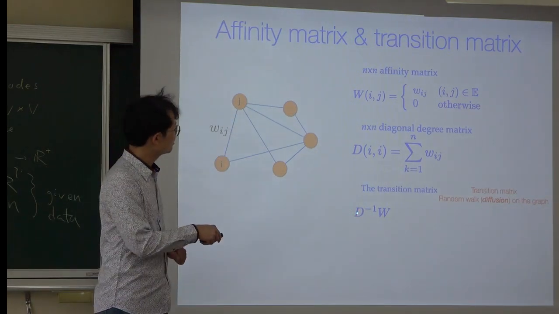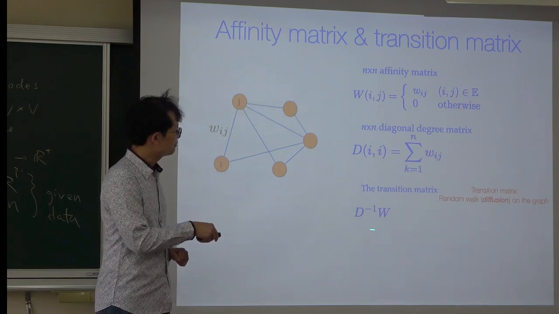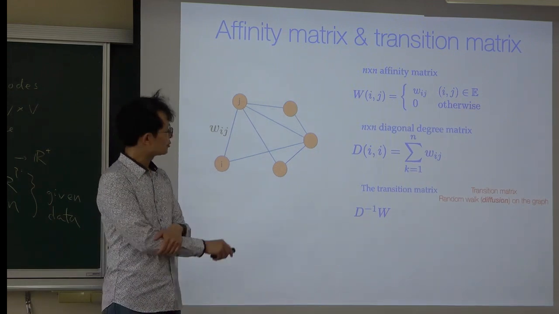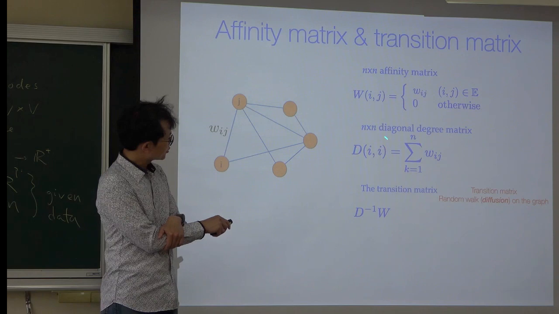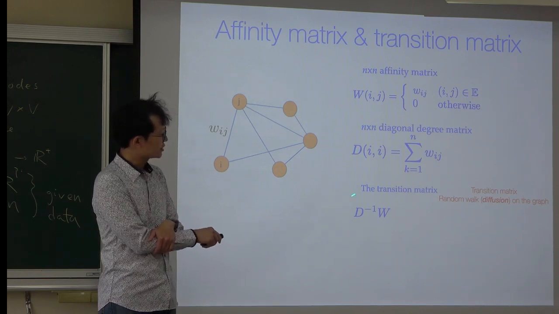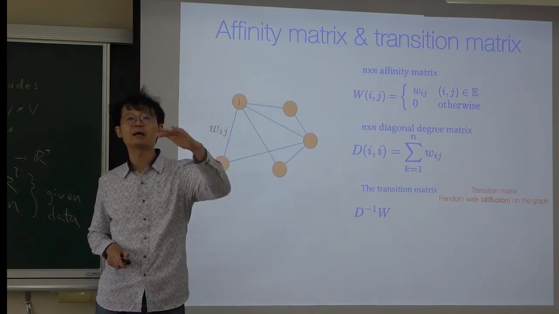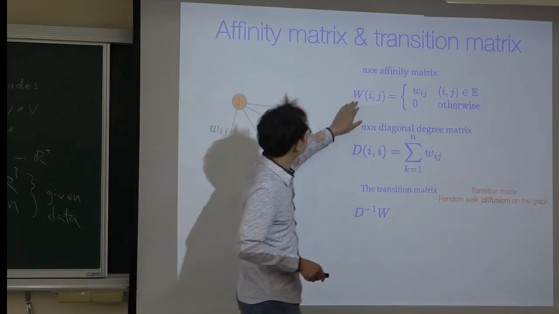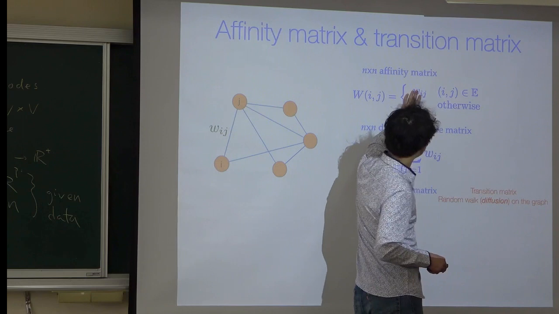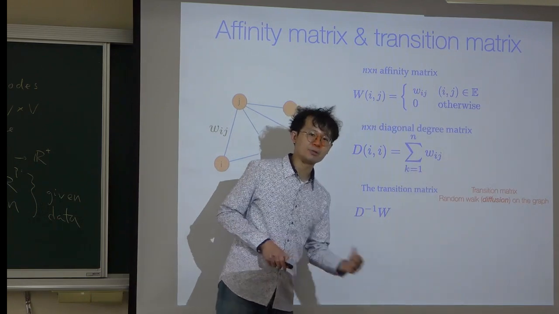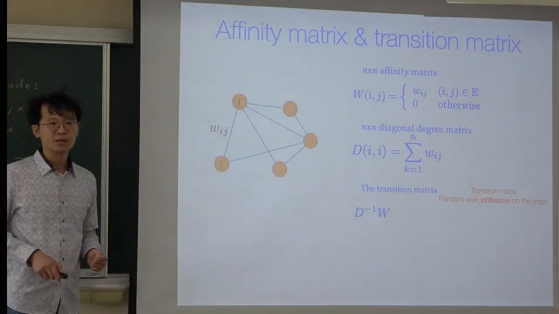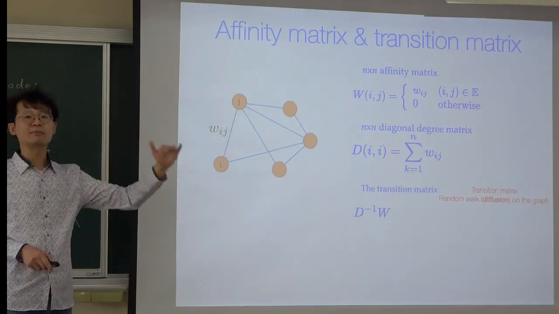That is D inverse W. And this is the row sum normalization. Because of this, as you can see, the rows of D inverse W will sum up to 1. And if all Wij are positive, then D inverse W will be a non-negative matrix with all rows summing up to 1.